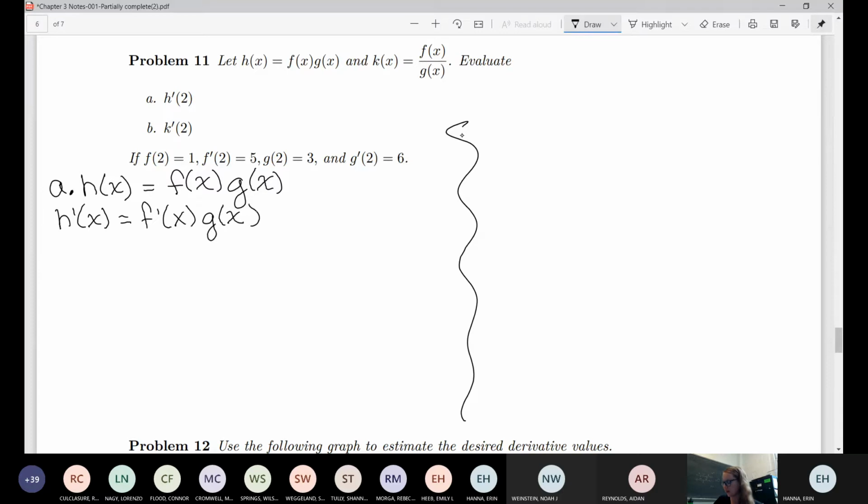So we have F prime of X times G of X plus the original first function times the derivative of the second function, F of X times G prime of X. And then we're going to plug in a 2 everywhere we see an X.